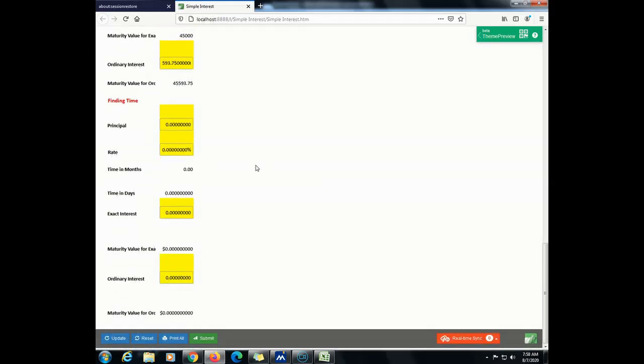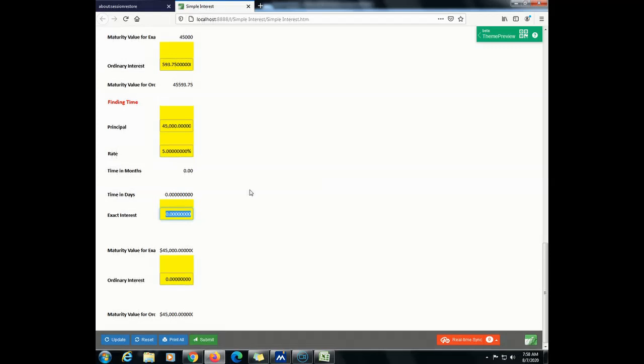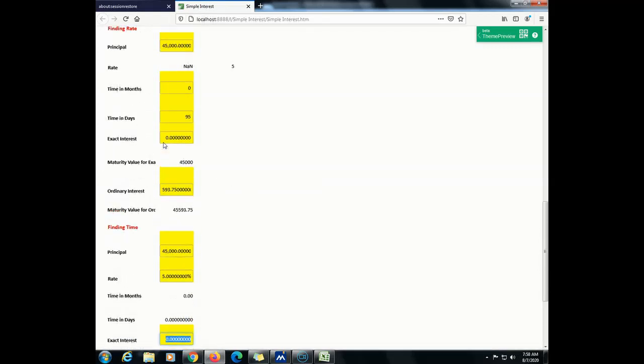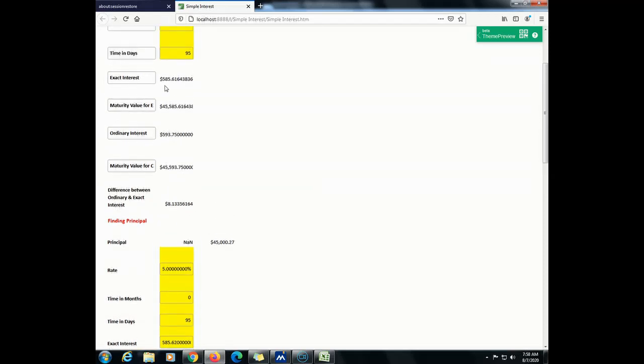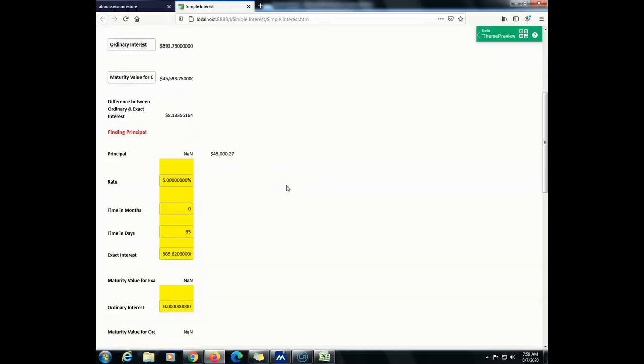Finally, if you need to know what your time is based off your principal value, your rate, and your exact interest, you may use this calculator to figure out your time as well. So let's say your principal value, again, is $45,000, your rate is 5%, and your exact interest is the same as over here, roughly $585.62.